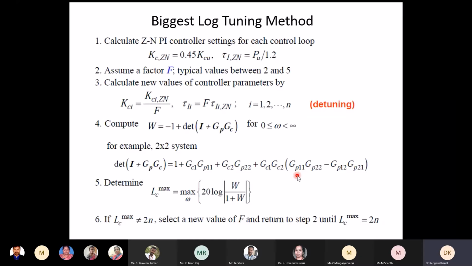But to understand multi-variable control, you have to know multiple loop regulatory control. In that we have the relative gain array, which is very important, then how process interactions affect the system, how we go for decoupling, and finally the controller design based on the biggest log tuning method. That is the last part of this topic.